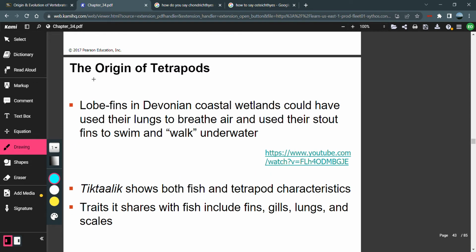So the origin of tetrapods: the tetrapod body plan must have been modified from an existing one. So lobed fins in Devonian coastline wetlands could have used their lungs to breathe air and their stout fins to swim or walk on water.